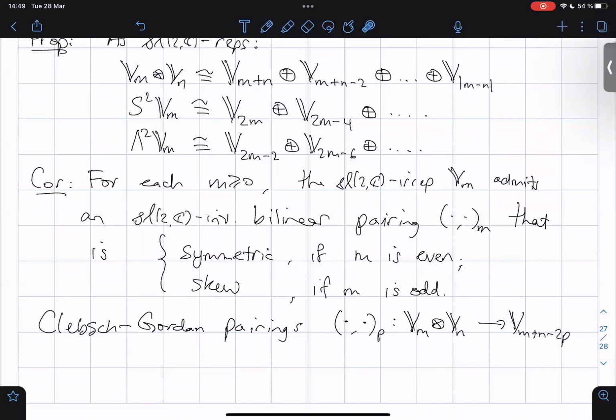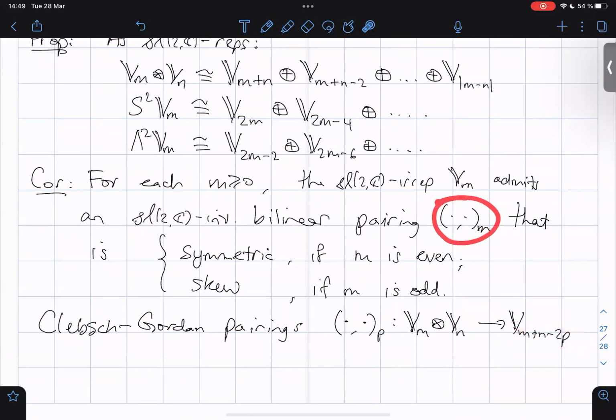Also, is this consistent with this subscript M thing that I have over here? Here we're talking about the case N is equal to M. So I would have M plus N, so 2M, and then I'm putting P equal to M, so minus 2M, so V_0.